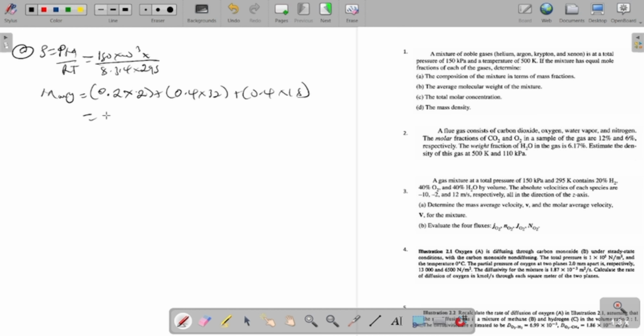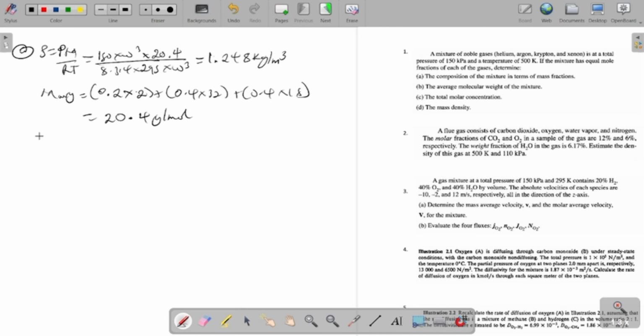That gives me the average molecular weight of 20.4 gram per mole. As I said, we want it in kilogram per meter cube, so you convert the grams to kilograms. So we have 1.248 kilogram per meter cube.